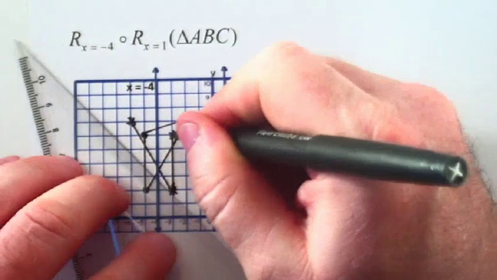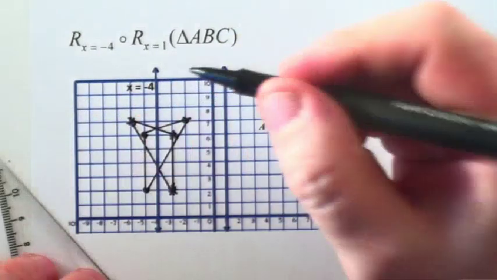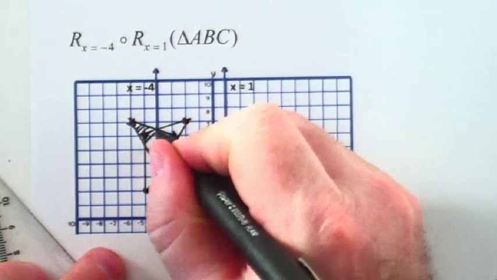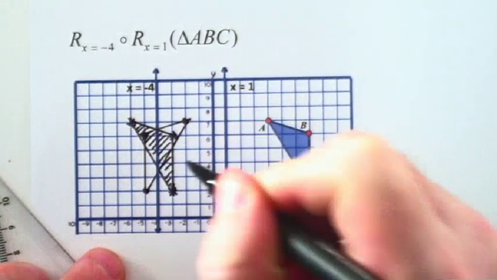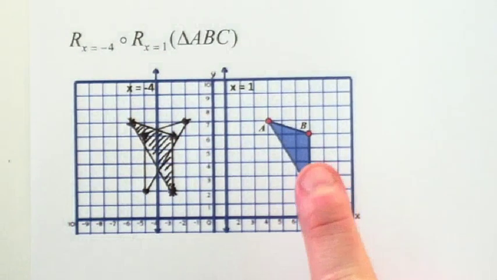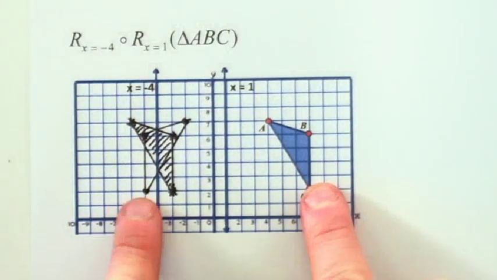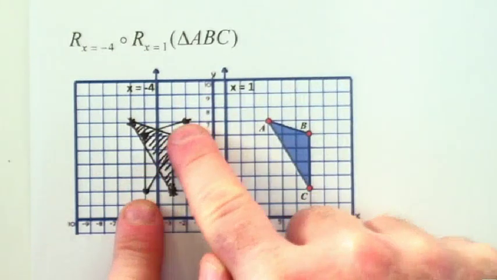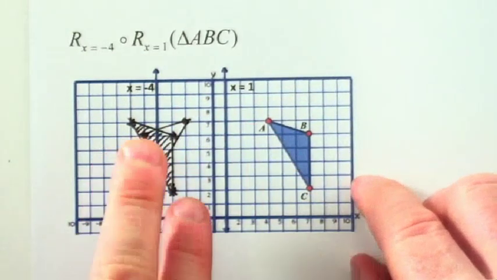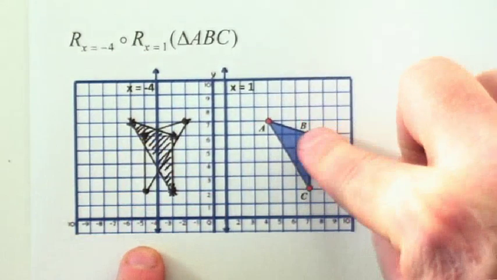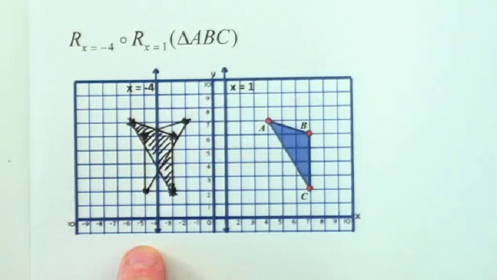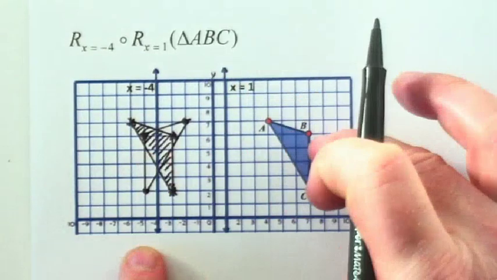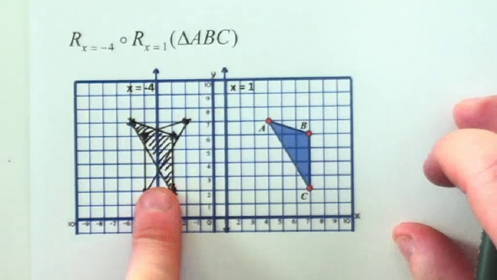Now what we want you to look at here is kind of the overall pattern. So notice this was our original, and then the first reflection reversed the orientation, and then the second one reversed it back. Notice the original to this one has a very powerful look to it.